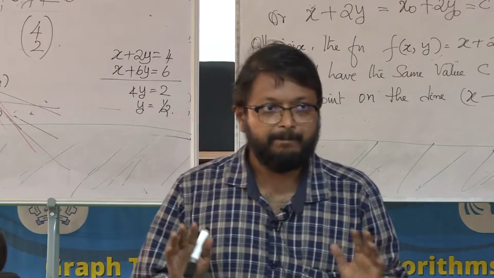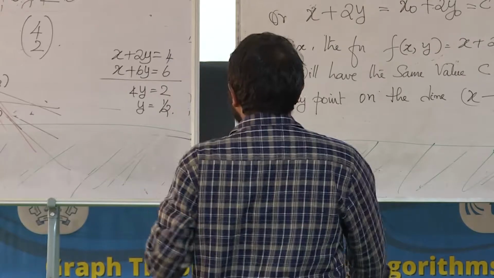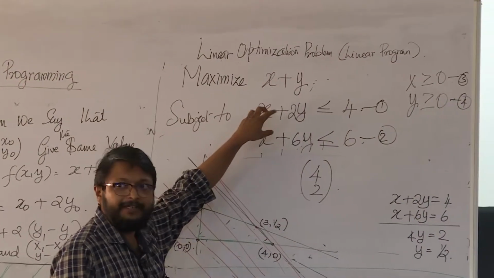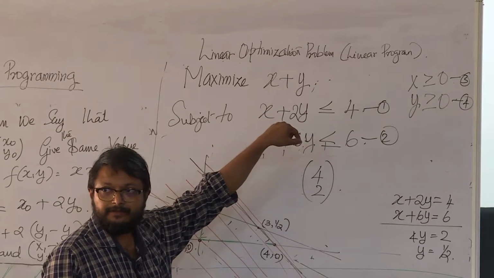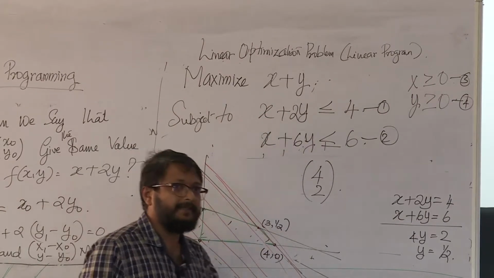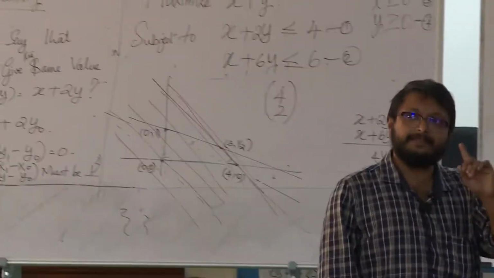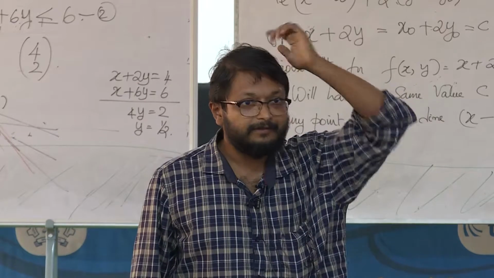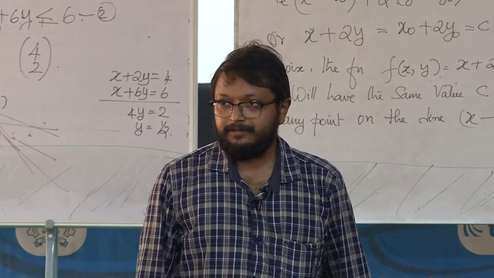So for the time being, let us assume that the constraints are independent. Then any 2 constraints will define a point. Okay. And what this geometry tells us is that a maximum can be obtained always at a corner point. Okay. Is this very clear?